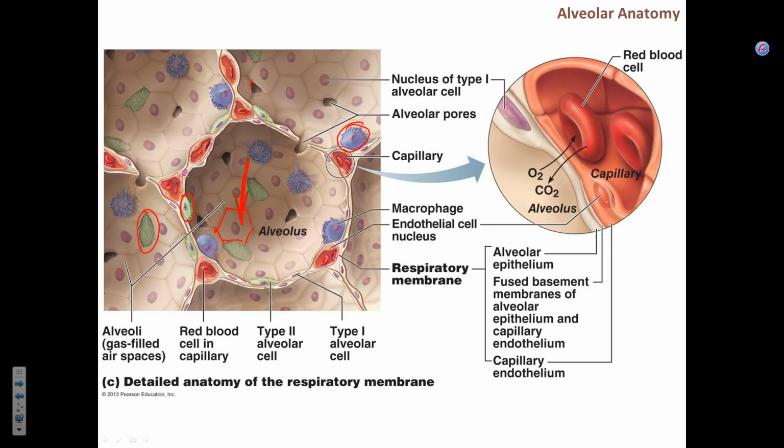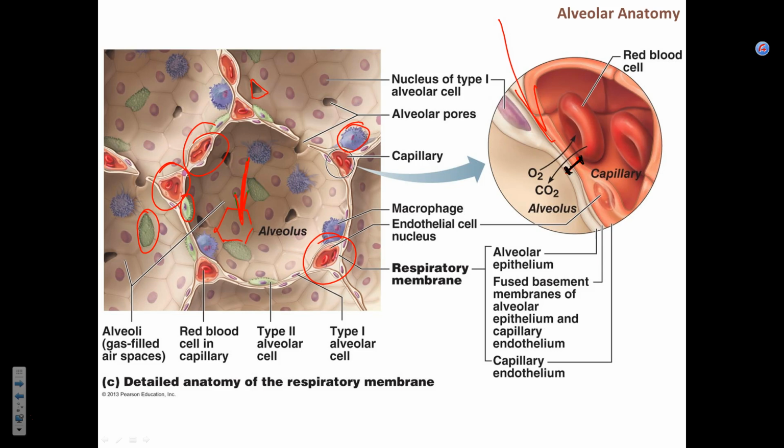And then you can see pores here. This red stuff are capillaries that run around alveoli. That makes sense. They're really small. And this one shows you the respiratory membrane. So this whole thing is the respiratory membrane.